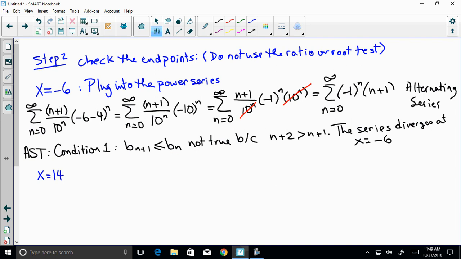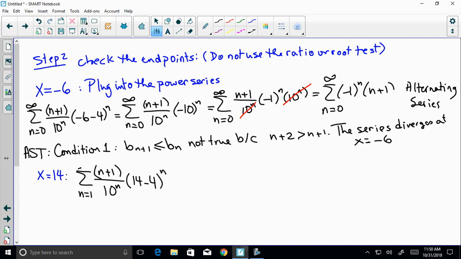And then we do the same thing when x is equal to 14. So this time we plug in 14 and we get sigma n plus 1 over 10 to the n, 14 minus 4 to the n.